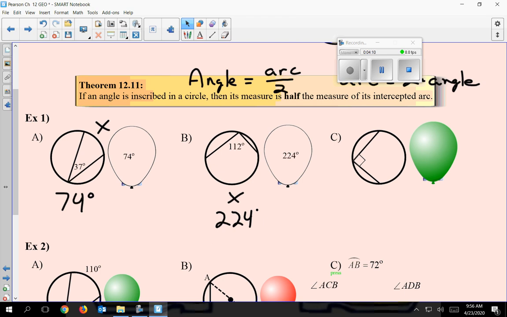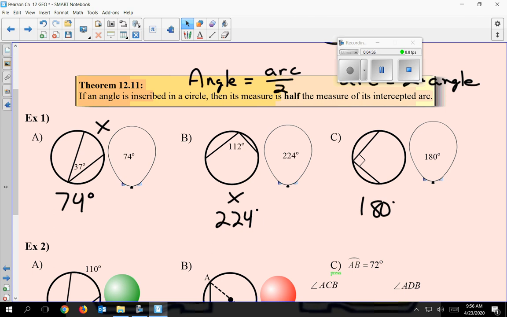Once you try this last one, that angle I believe is 90. And if I double that, what do you get? I think I'm going to get 180. And the balloon says 180 degrees. Okay, now I'm going to take this one step further.